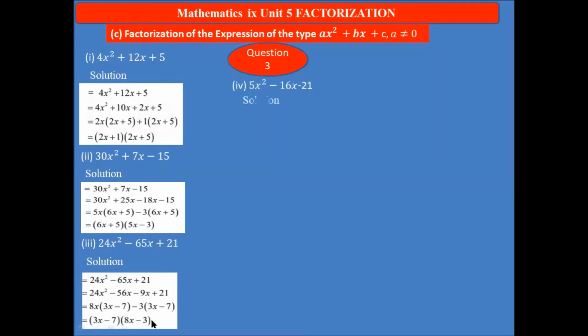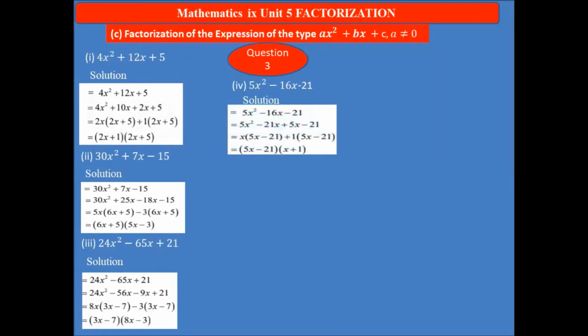Part 4, 5x square minus 16x minus 21. We multiply 21 with 5. We have 105, and 21 and 5 are the two factors. When we add up these two, we have minus 16, and when we multiply these two numbers, we have 105.